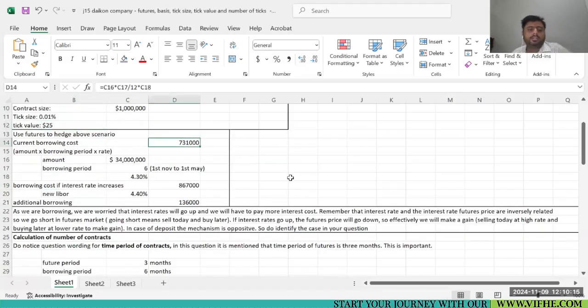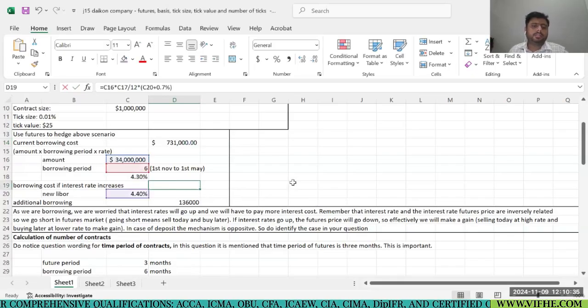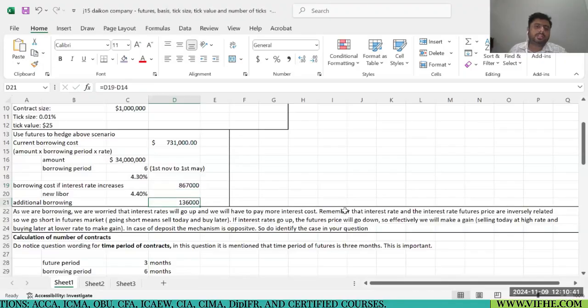Over here, we calculated what is the cost today. The cost today is 4.3%. 4.3 is your 3.6 plus 70 basis points. 34 million is the amount and 6 is the number of months for which we are taking the borrowing. And if the LIBOR increases by 0.8%, you will be able to get the same amount of funds and you will need to pay 867,000. So additional borrowing is 136,000.